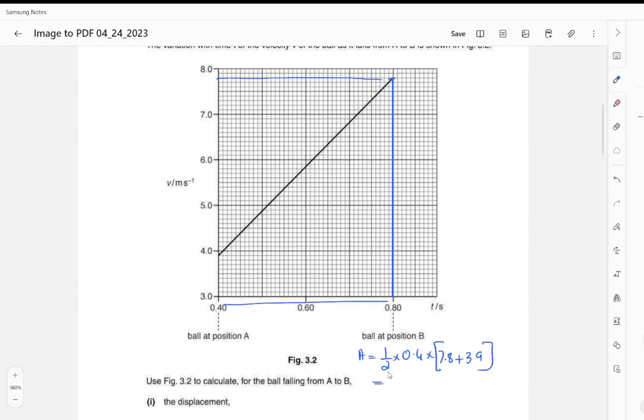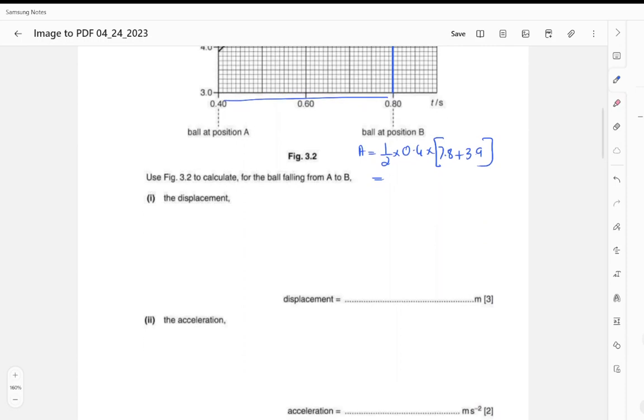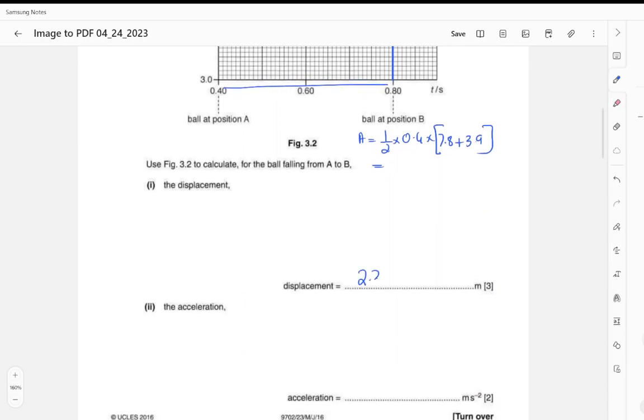Be careful, मैंने subtraction नहीं की इधर, just be careful. false origin से लिया हुआ है तो 0.5 multiplied by 0.4 multiplied by brackets में आ रहा है 7.8 plus 3.9, and this gives me a value of 2.34. The displacement is actually 2.34 meters.